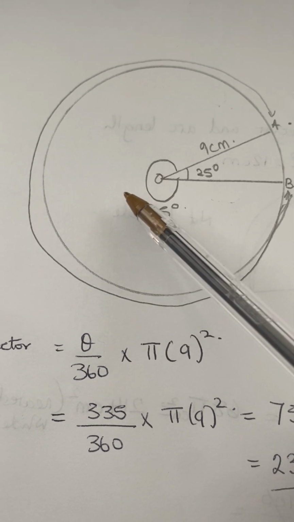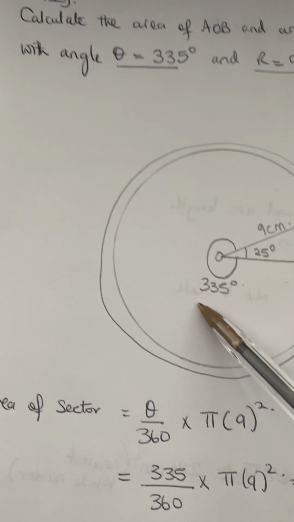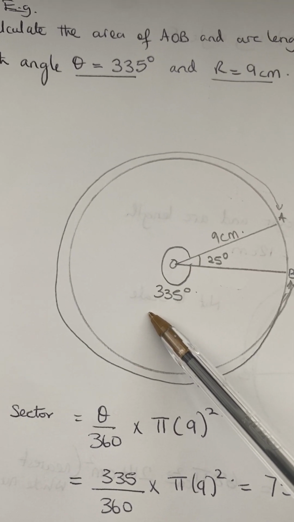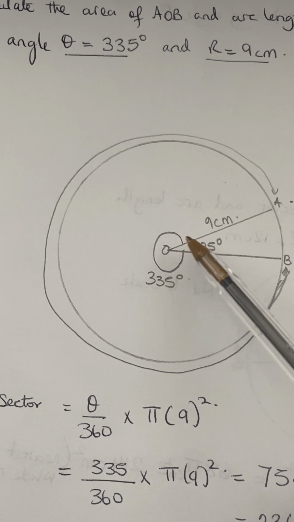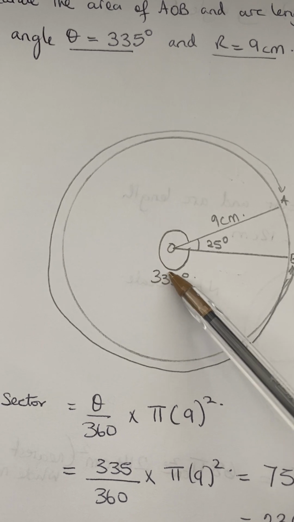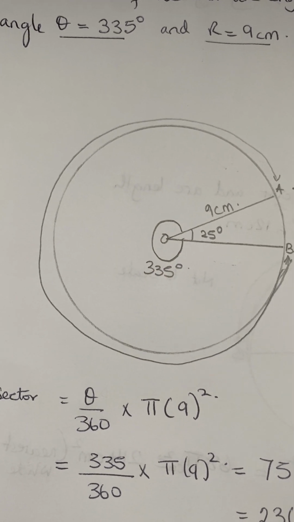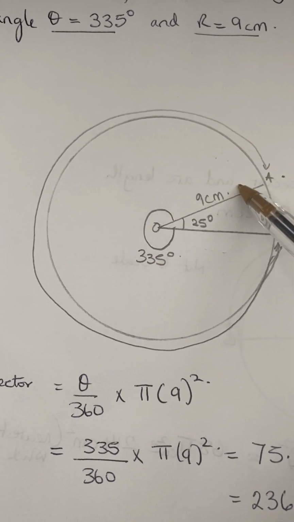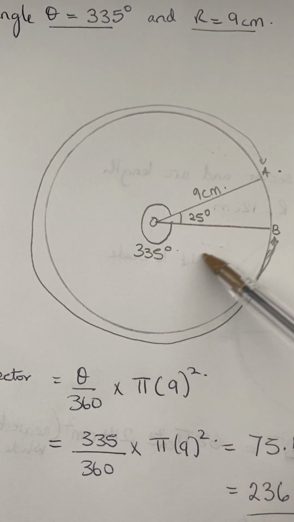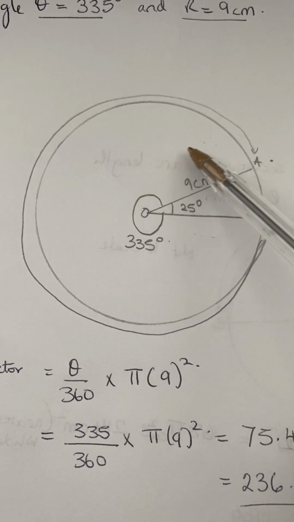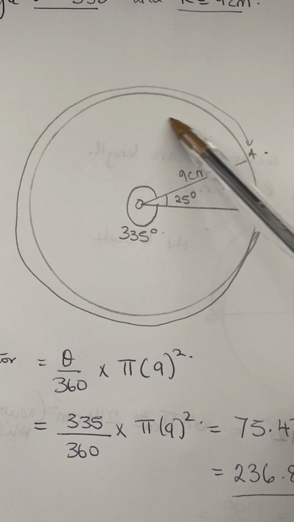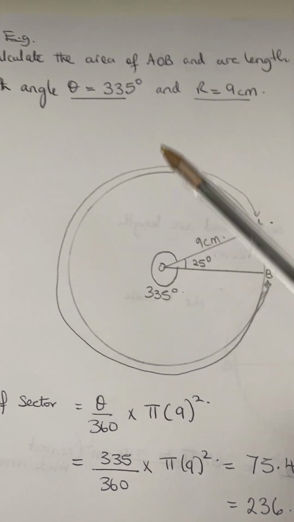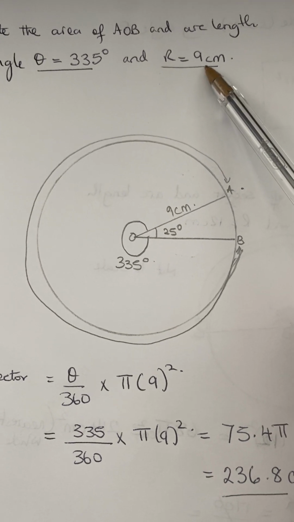I took 355 from 360, so I plotted 25, and whatever is left is 355. So I'm finding the area of this big part, which is also a sector. That is a smaller sector, and that's the big sector. We are finding the area.